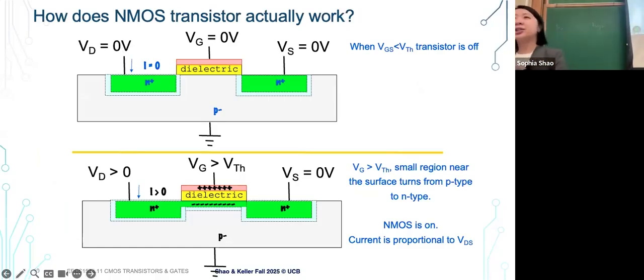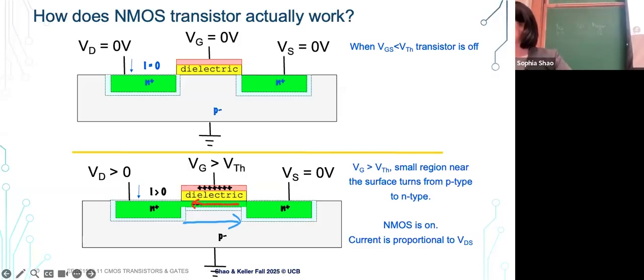For NMOS, electrons, the negative charges, are the conducting material there. So electrons are flowing from source to drain for NMOS. But current is always from positive to negative. So when we think about current, it's actually drain to source. It depends on the carrier of the components here.